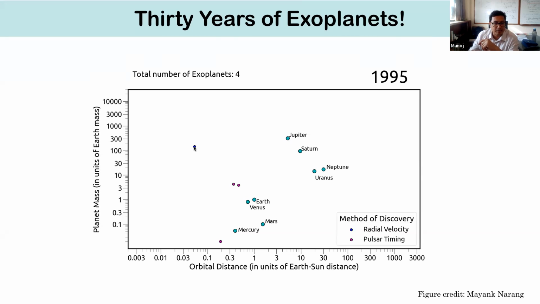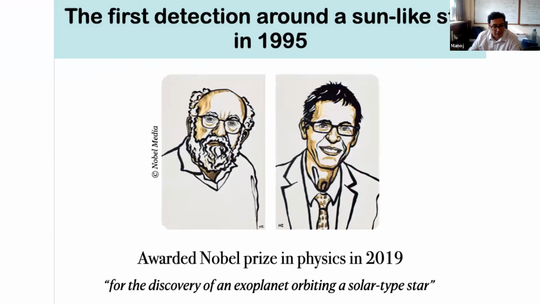That's 51 Pegasi, a half Jupiter mass planet orbiting very close to the central star. The discovery was made by Michel Mayor and Didier Queloz, for which they won the Nobel Prize in physics in 2019.